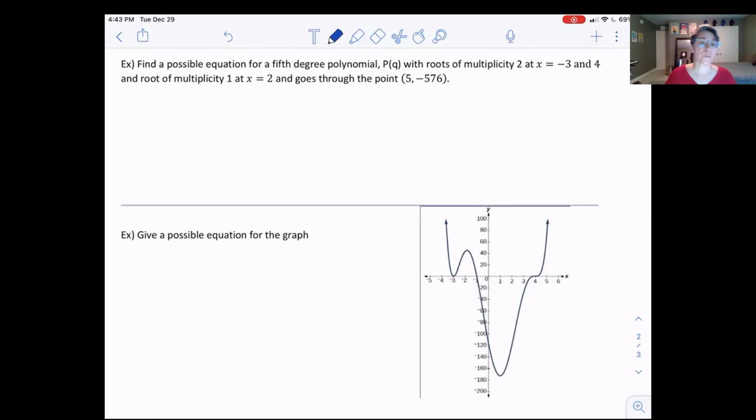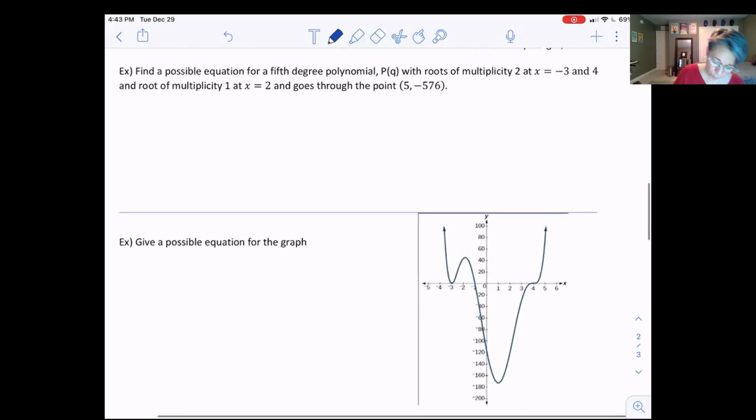Now we're asked to find a possible equation for a 5th degree polynomial. So that's important. We know how many x's are going to be multiplied, where we have roots of multiplicity 2 here and multiplicity 1 here at x equals 2, and then it goes through the point (5, -576). So for a 5th degree polynomial, we have f(x) equals some coefficient a. The first root of multiplicity 2 is x equals -3, so that would give us (x + 3) squared.